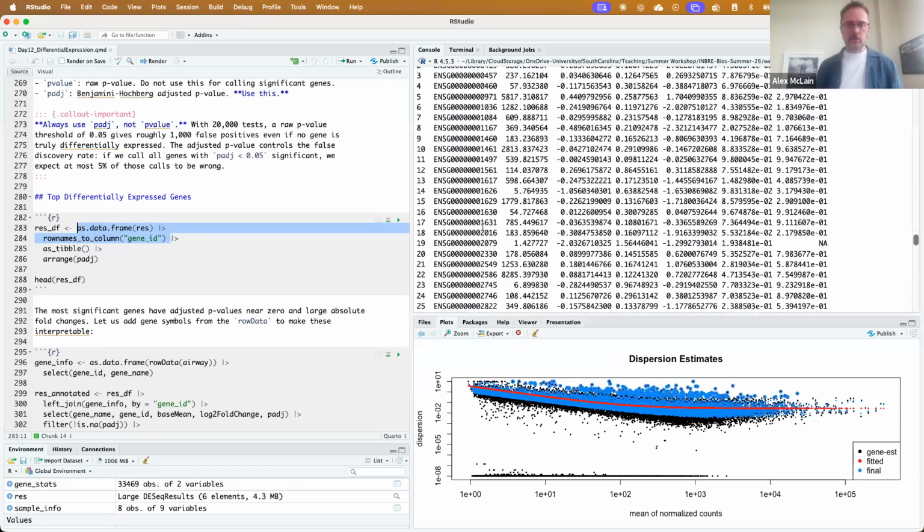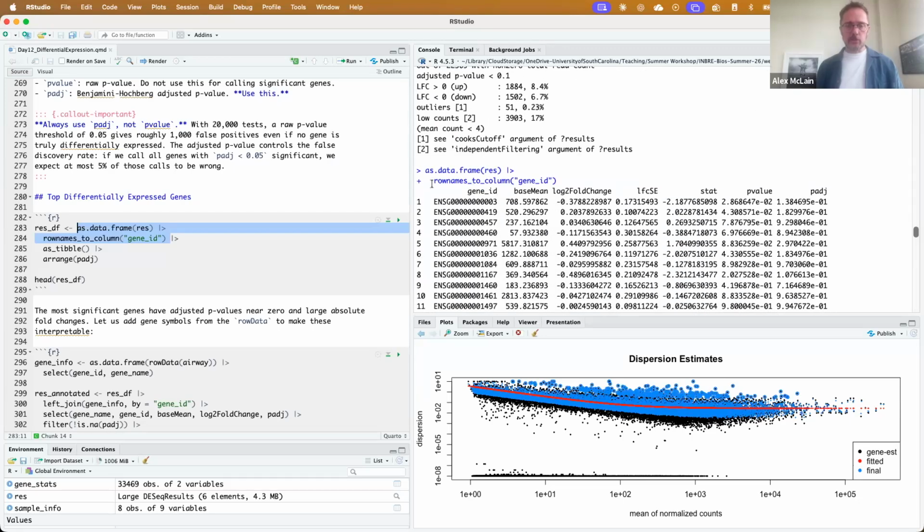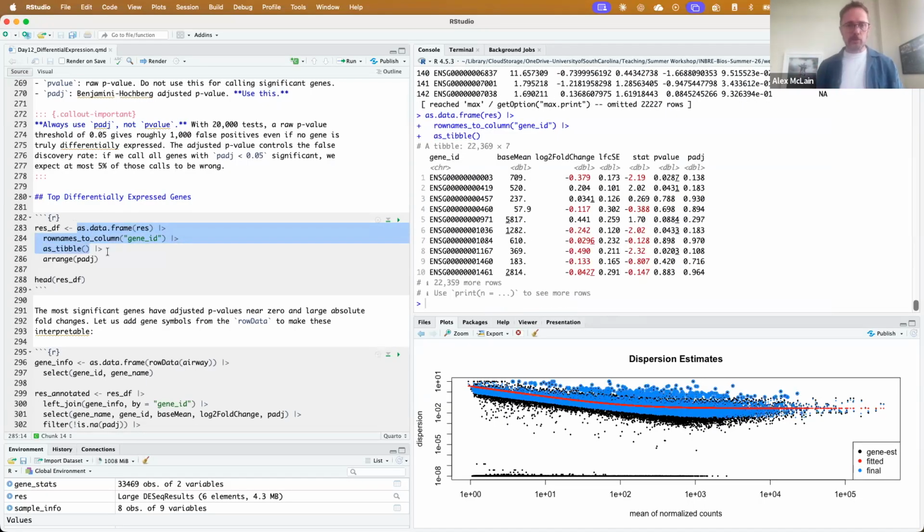Now this new data frame that we've created has no row names. They've been stuck over to this gene ID variable. And then we are turning it into a tibble, which has some nice properties to it.